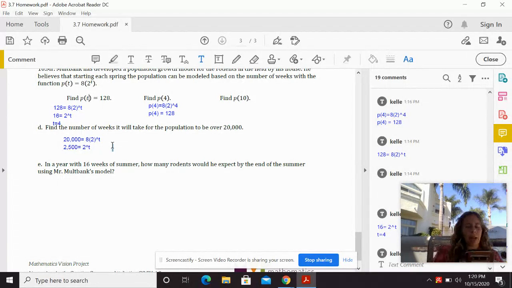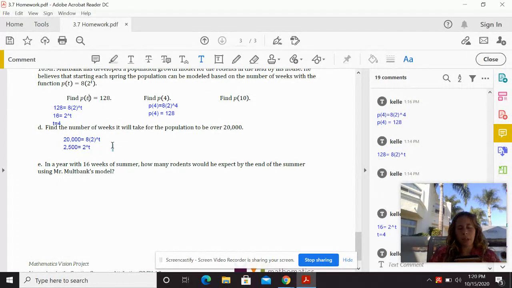Hold on, I'm just going to do it on a calculator. 2 times 2 is 4, times 2 is 8, times 2 is 16, times 2 is 32, times 2 is 64, times 2 is 128, times 2 is 256, times 2 is 512, times 2 is 1,024, times another 2 is 2,048. 1, 2, 3, 4, 5, 6, 7, 8, 9, 10, 11.